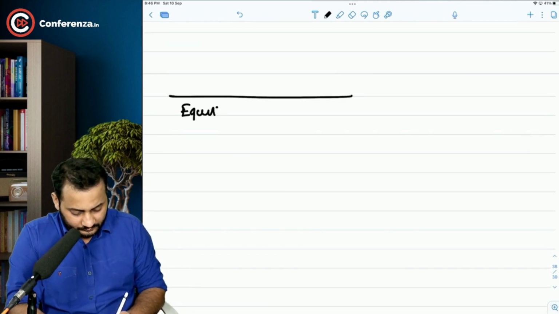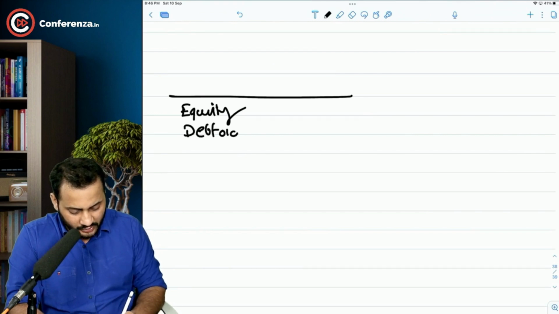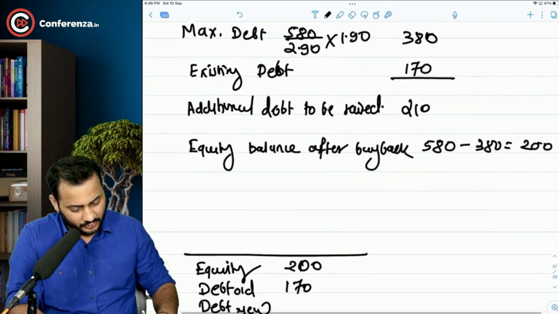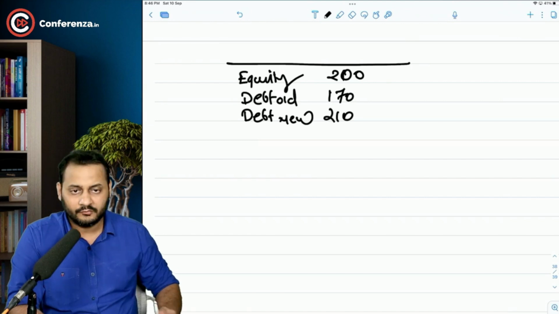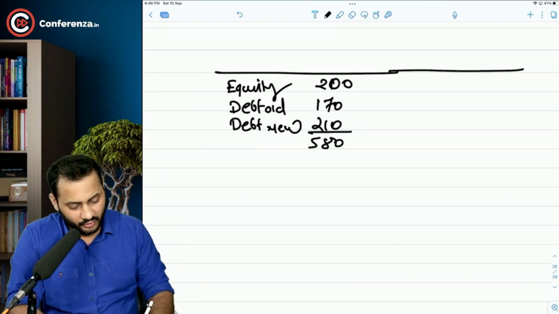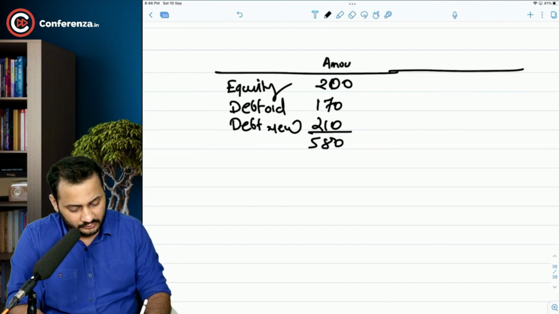Equity, debt old, debt new. 200, 170 and 210. This is the procedure. 580. Now understand what this is the amount.